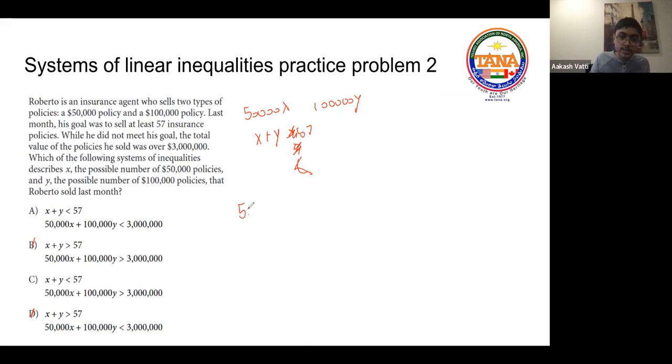So you have 50,000 X plus 100,000 Y. Did I write enough zeros? Yes. Is greater than 3 mil. The only one that has greater than between the two, this has less than here, that has less than, and this is greater than. So C is the right answer.